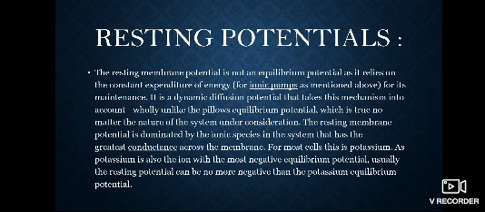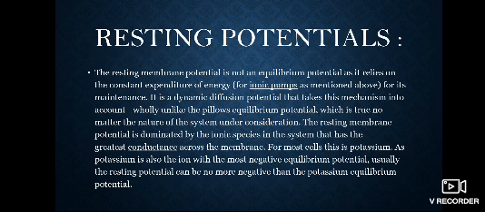The resting membrane's potential is not an equilibrium potential as it relies on the constant expenditure of energy for its maintenance. It is a dynamic diffusion potential that takes this mechanism into account, wholly unlike the Nernst equilibrium potential, which is true no matter the nature of the system.